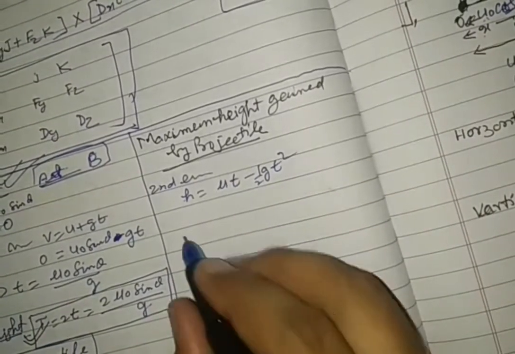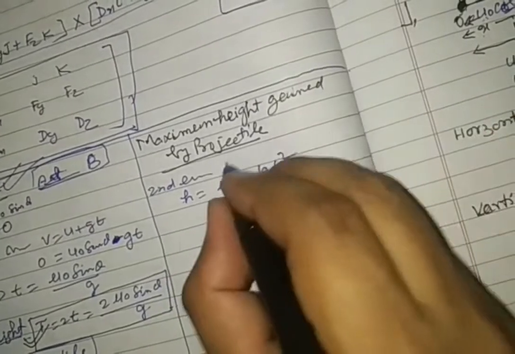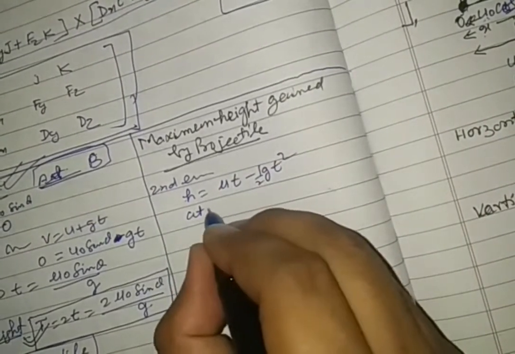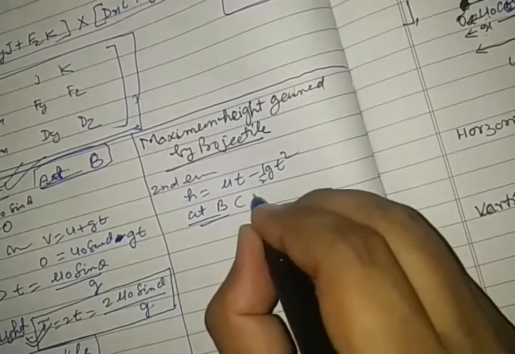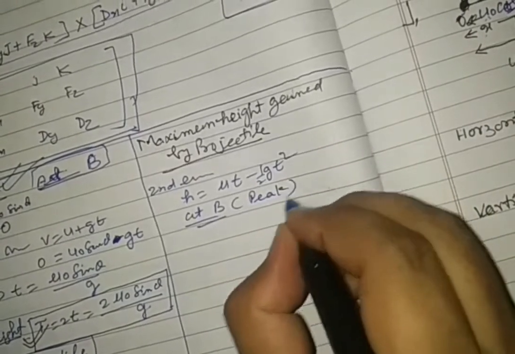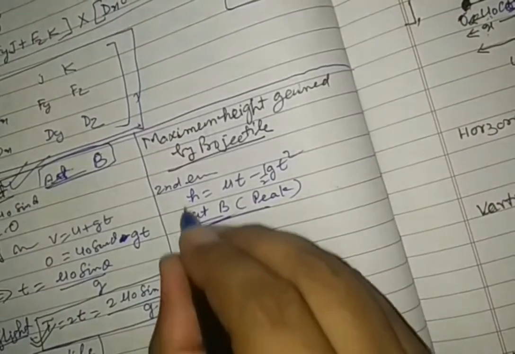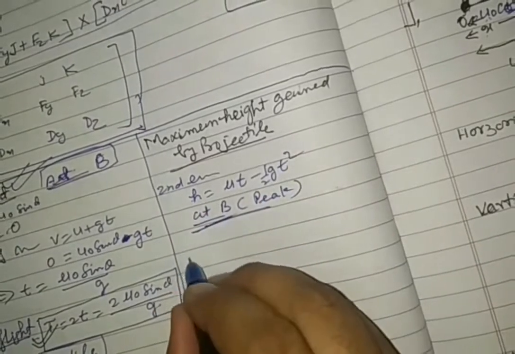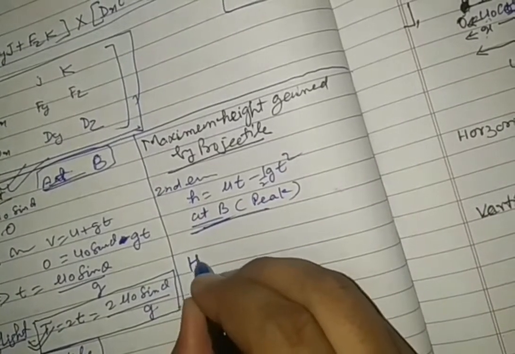See carefully, maximum height is at point B. Point B is the peak of the projectile. At this position s is represented by the maximum height gained by the projectile, h.